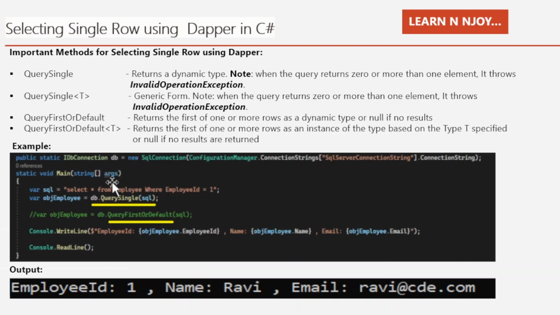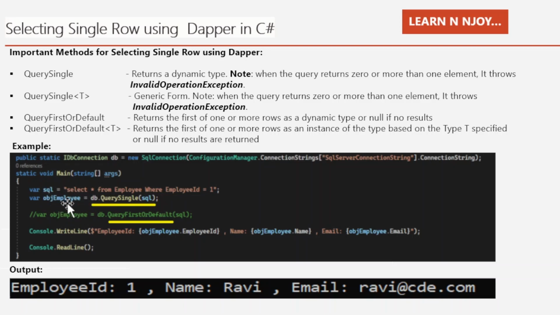Okay, now there is a Main method, which is the entry point of this application. Here I have written this select statement, select * from Employee where EmployeeId is equal to 1, right? And then I have used db.QuerySingle, and I have passed this sql variable over here that contains our select statement. So it will give us this objEmployee, that is the dynamic type.